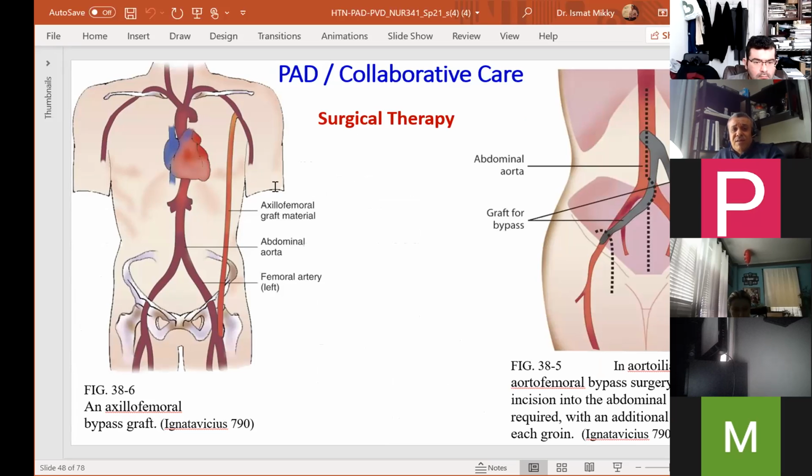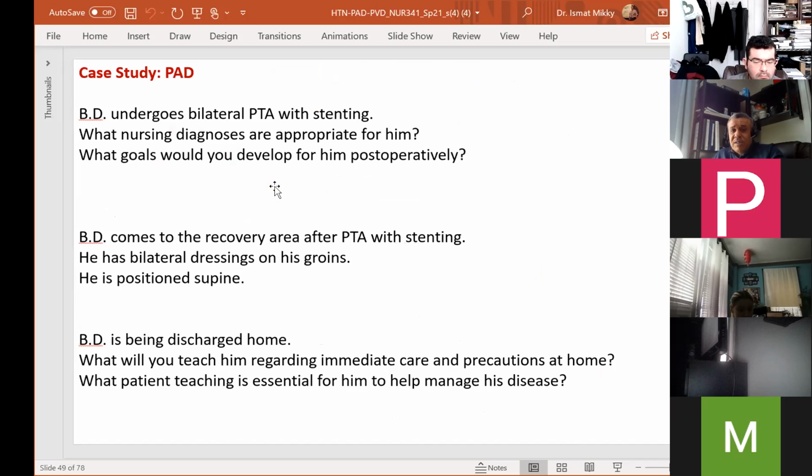There are different methods of revascularization, as you see here, with different procedures and different veins and arteries being used. You can use the aortic, the subclavian, or other major large arteries.